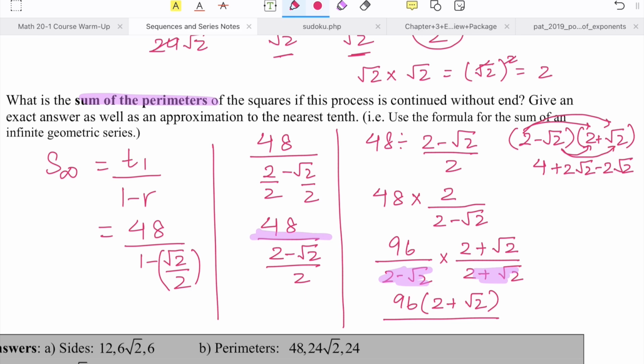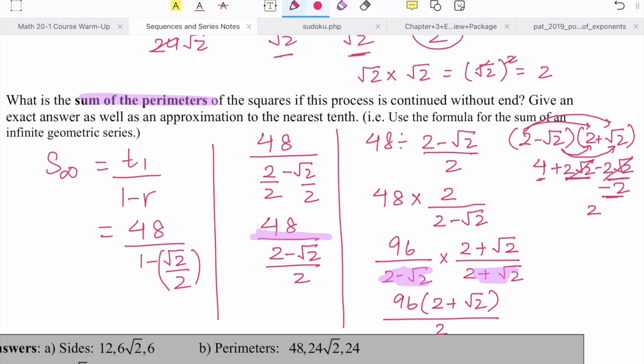Root 2 times root 2 is minus 2. So 2 root 2 minus 2 root 2 is 0. 4 minus 2 is 2. So our denominator is 2 now.